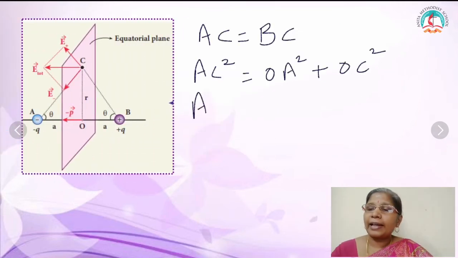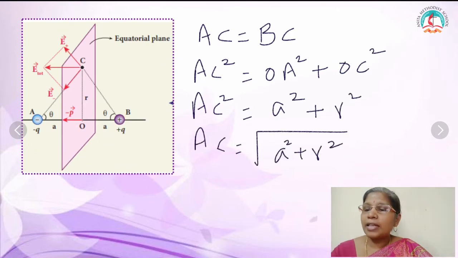Now I am taking the diagram. I want the BC value and the AC value. So I take the right angle triangle and apply the Pythagoras theorem. AOC and BOC are both right angle triangles, and both triangles are equal. I want AC or BC. AC square equals OA square plus OC square.